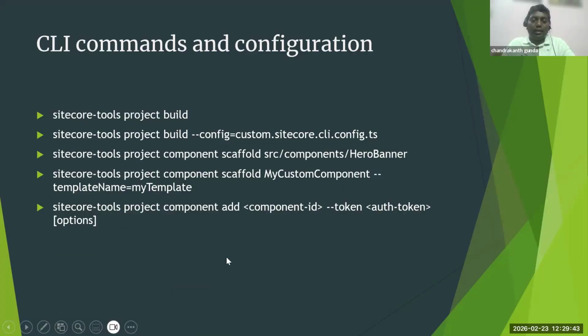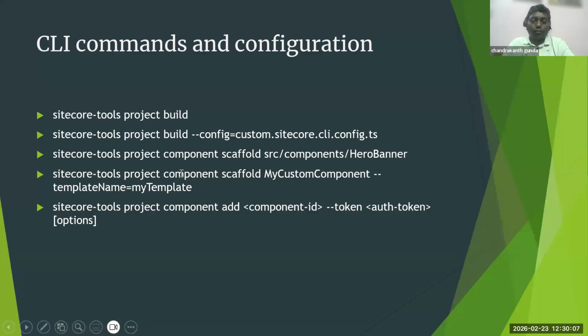Similarly, this is a new feature that is introduced: from the design library, if I want to import the component into my VS Code, I can use this command that requires an authorization token, generated by creating an automation client in the Sitecore Deploy app. So this is a completely new feature. But for now, we can focus on these 4 commands.